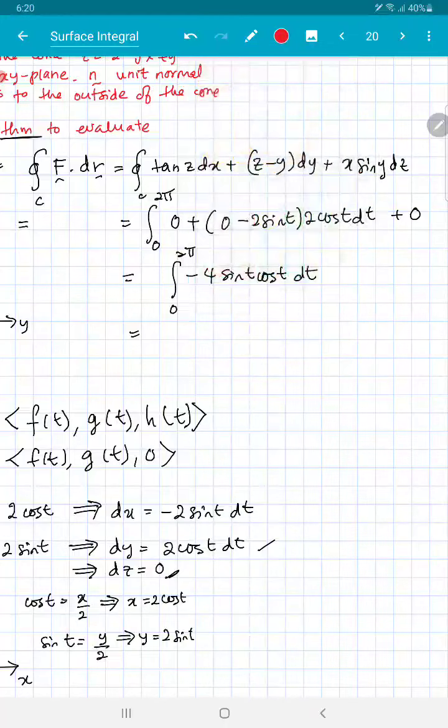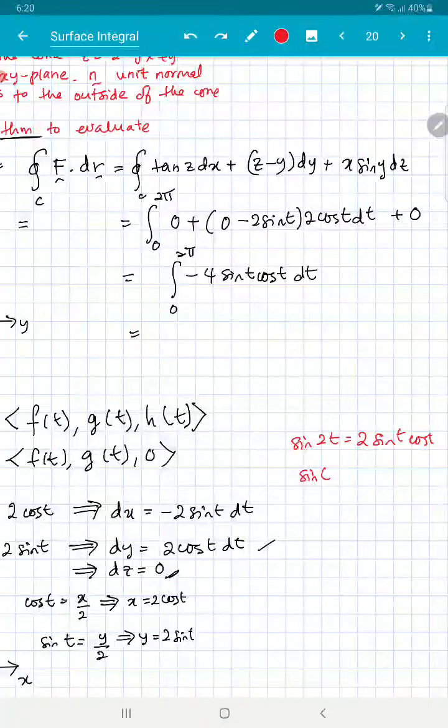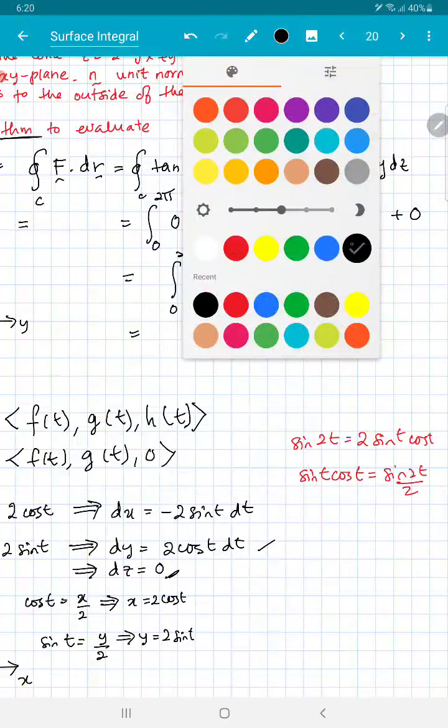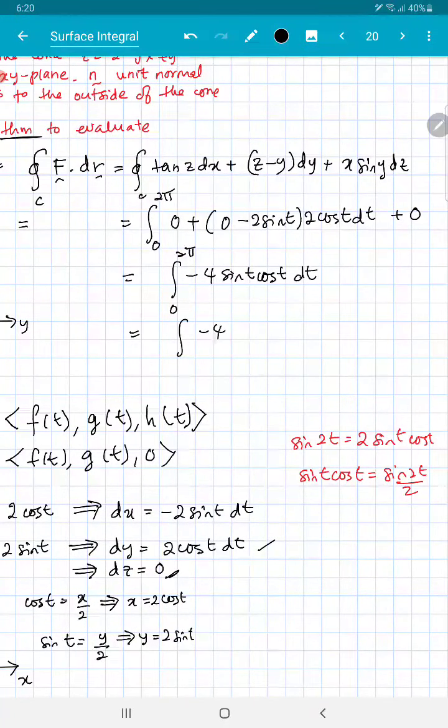I'm going to use the trigonometric identity where sine 2t is equal to 2 sine t cos t. So from here we can write sine t cos t as sine 2t over 2. So here we get -4, and sine t cos t is sine 2t over 2, dt from 0 to 2 pi.